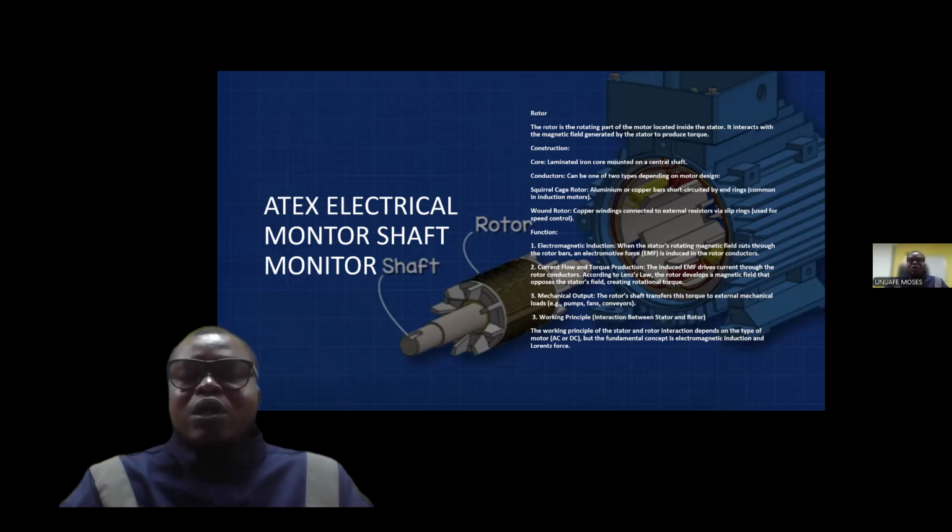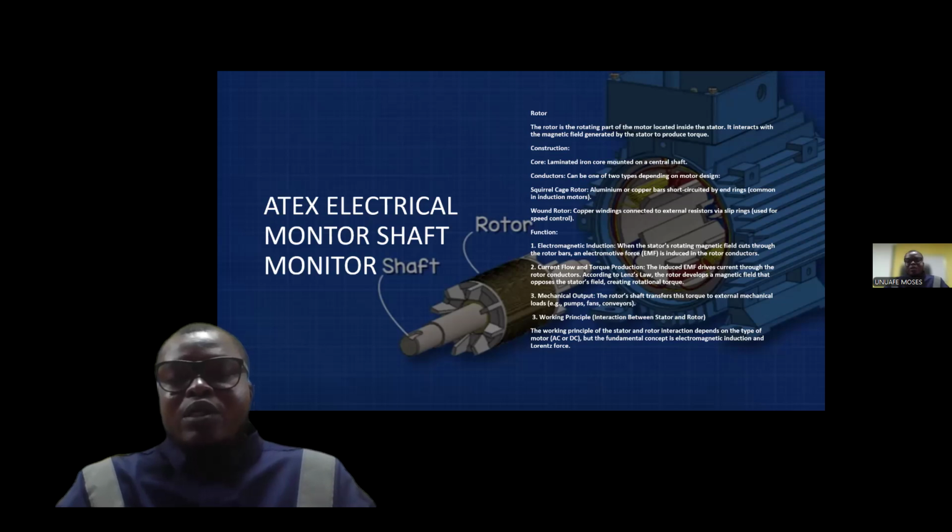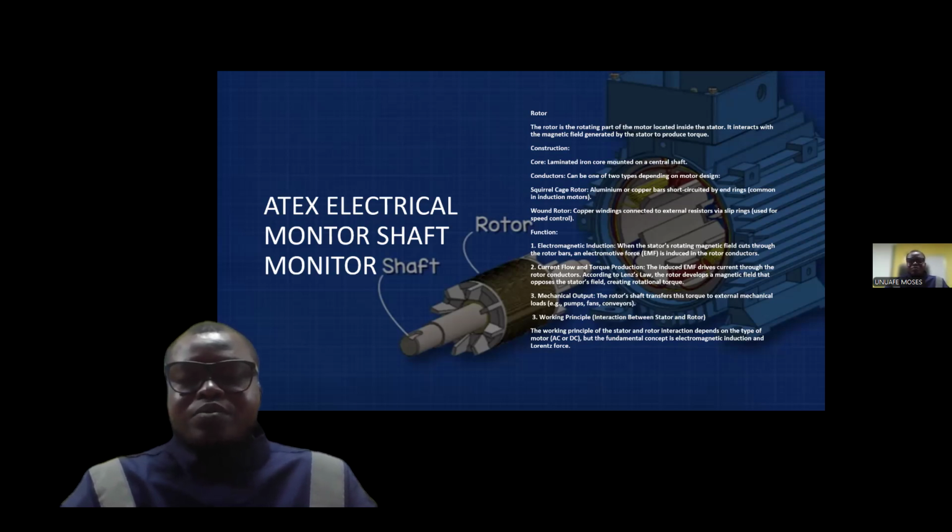What is the function of this rotor? It functions as electromagnetic induction. That is to say, when the stator magnetic field cuts through the rotor bar, an electromotive force, which is regarded as EMF, is induced in the rotor conductor. It also functions in current flow and torque production. The induced EMF drives a current through the rotor conductor.